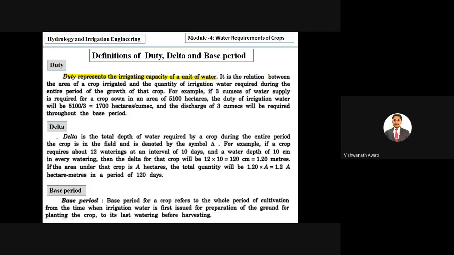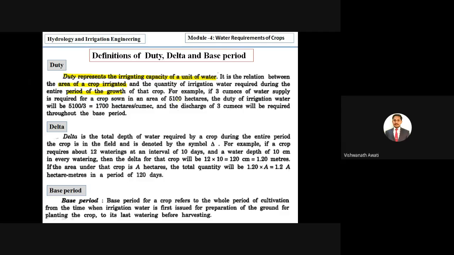It is a relationship between the area of a crop irrigated and the quantity of irrigation water required during the entire period of growth of that crop. So the water has to be supplied to the area for the complete growth of the crop.